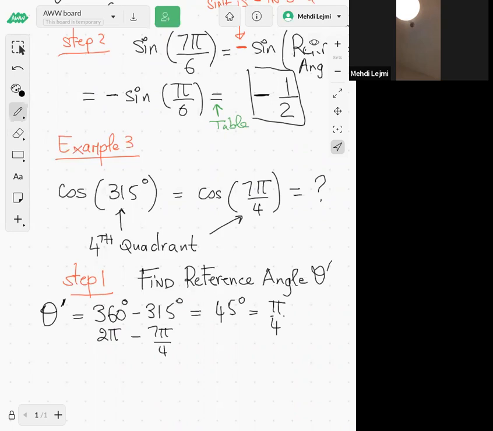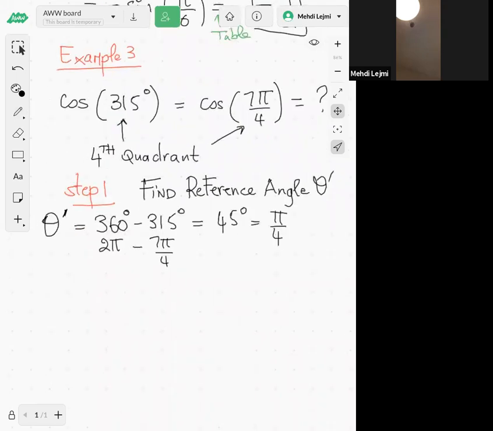So that's your reference angle. And next, step number 2: we're going to compute this cosine of 315.